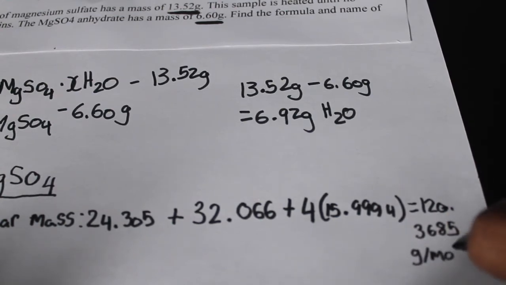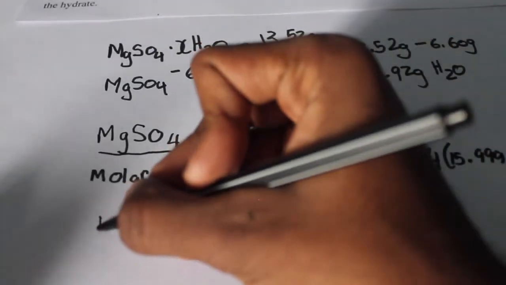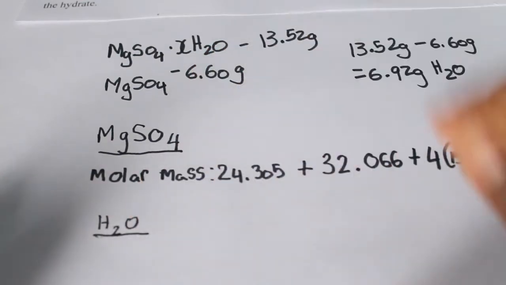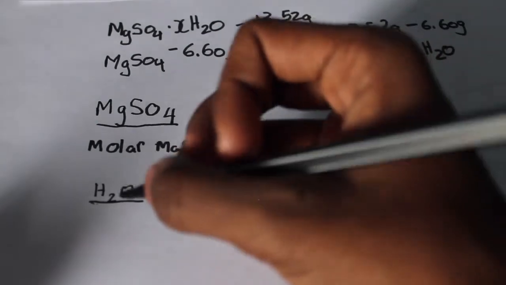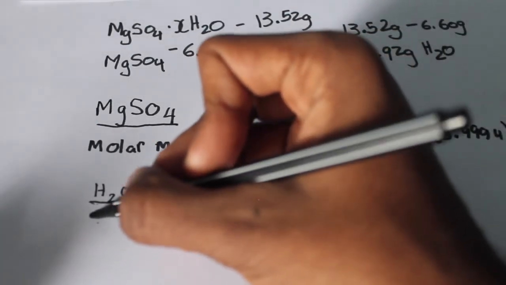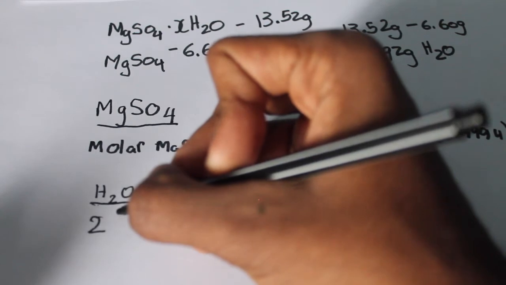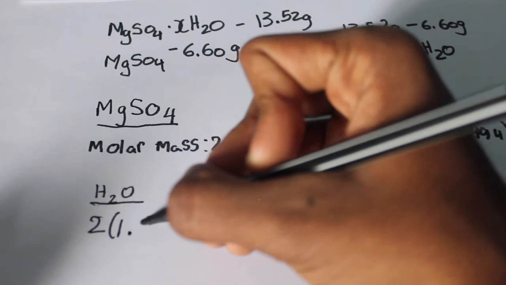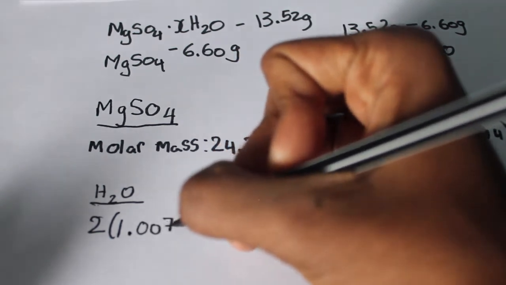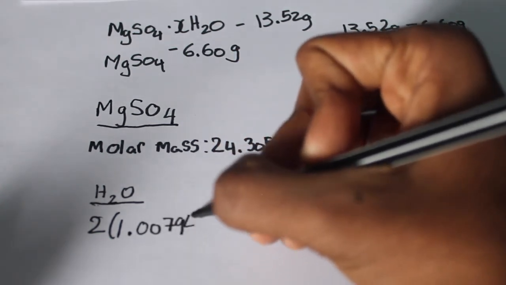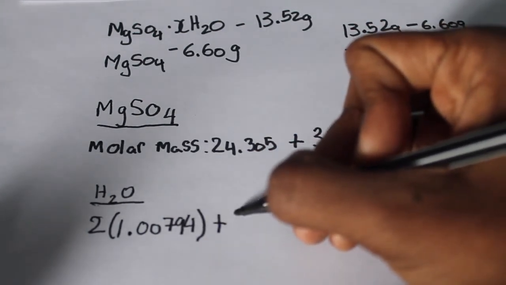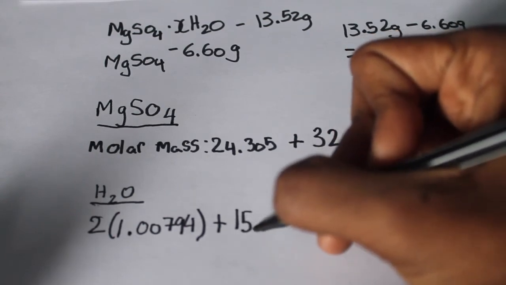Now let's find the molar mass of water. So H2O. We have 2 atoms of hydrogen multiplied by the molar mass of hydrogen, which is 1.00794, plus the molar mass of oxygen, which is 15.9994.